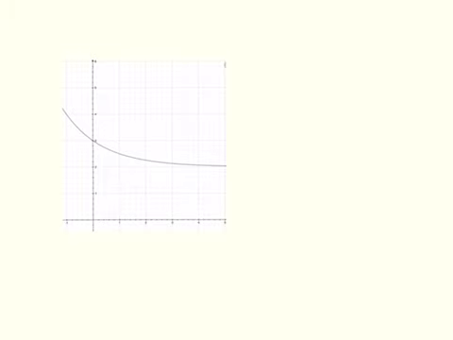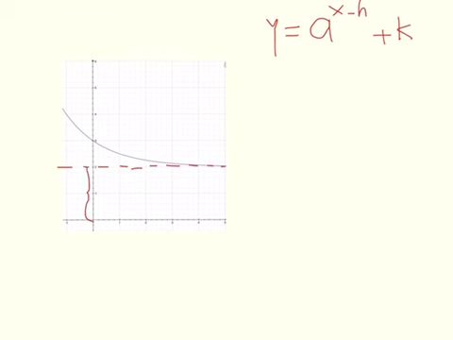So let's continue with the other example. Again, we have to start with the general form of the exponential function, which is a to the x minus h plus k. By first obtaining the horizontal asymptote, you can see that the horizontal asymptote is at 2. So this function will be a to the x minus h plus 2.